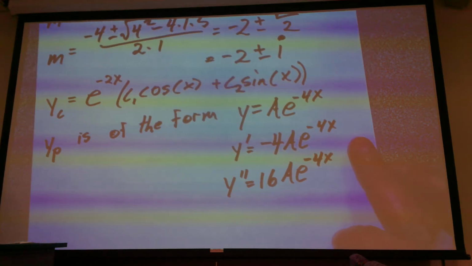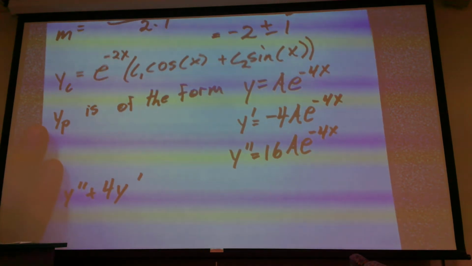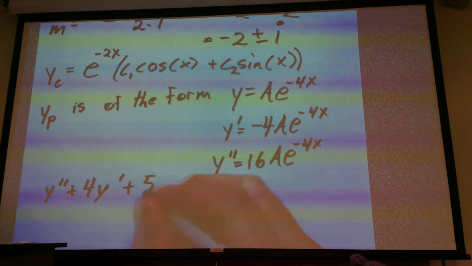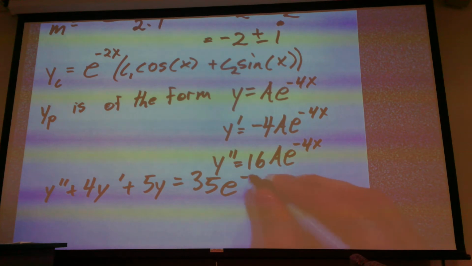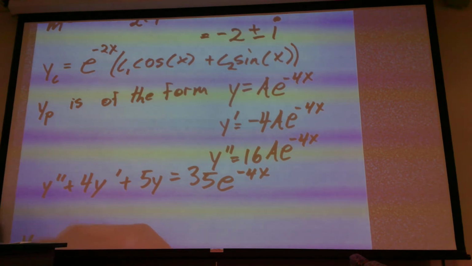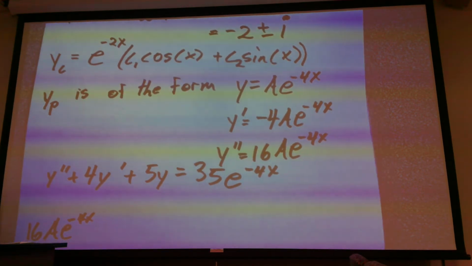Okay. So we're looking at this. y double prime plus 4y prime plus 5y is going to equal 35 e to the minus 4x. Okay, so we have 16a e to the minus 4x on the screen.